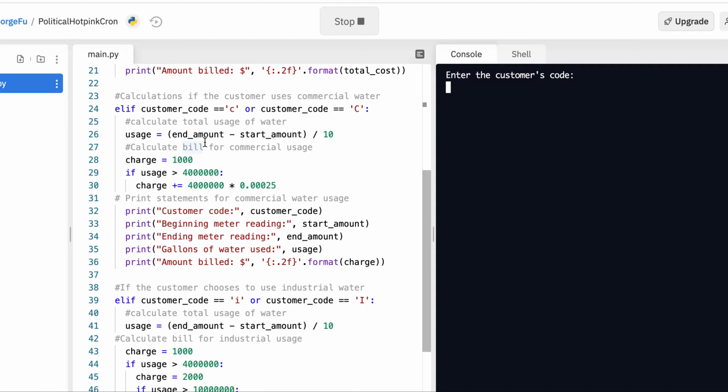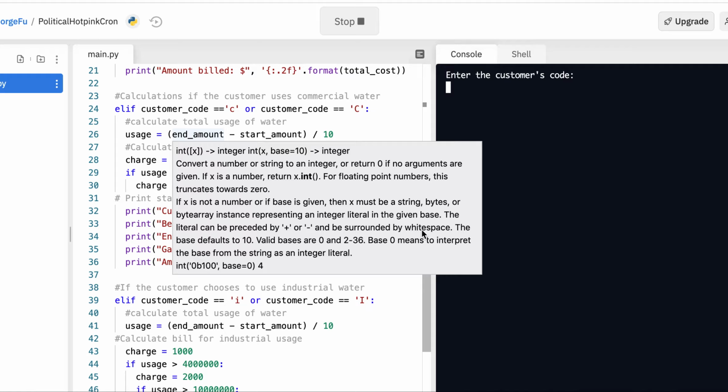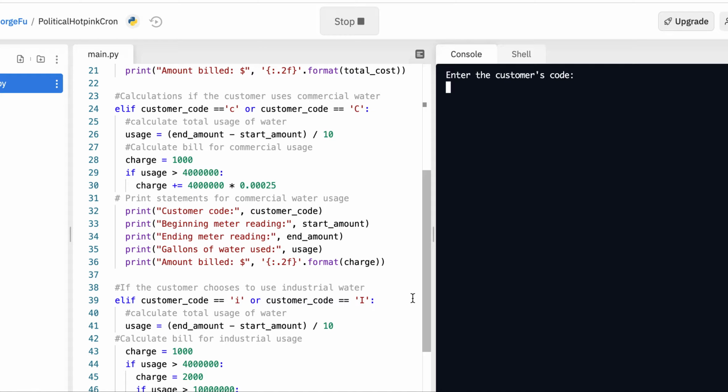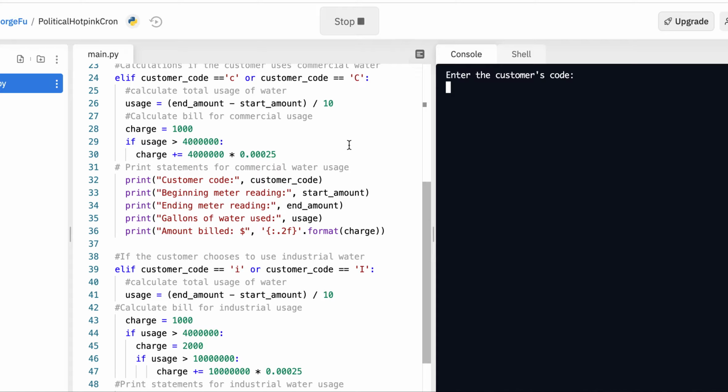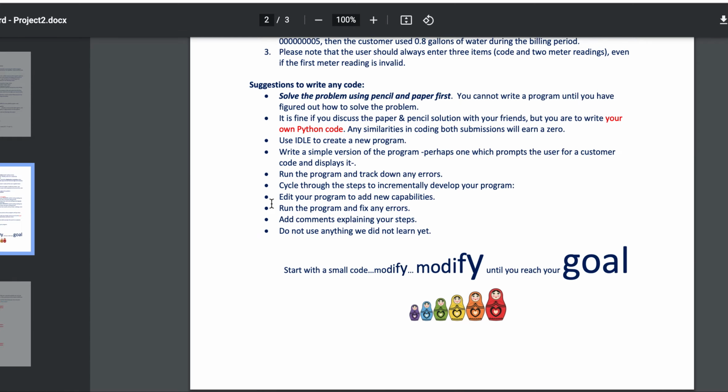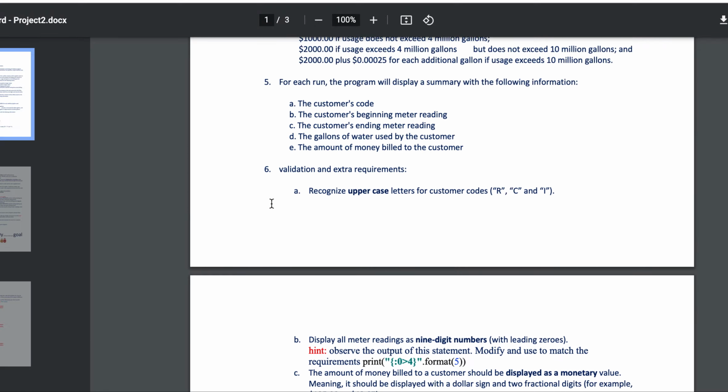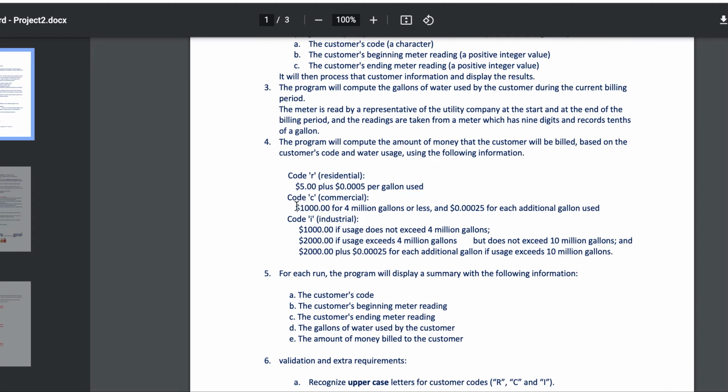Then, on line 26, we do the exact same equation to find the total amount of water used: usage equals end amount minus start amount divided by 10. And as the instructions specify for commercial, as you can see right here, it's $1,000 for 4 million gallons or less and 0.00025 for each additional gallon used.